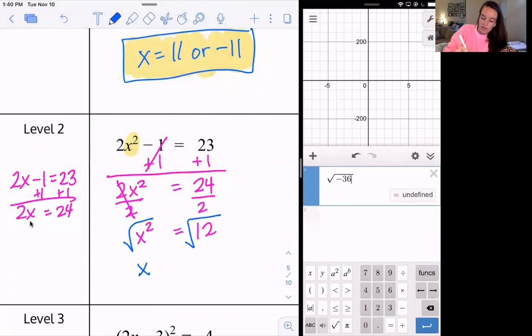So I get x, because square root and square will cancel, and leave me with plus or minus the square root of 12. Is there a whole number, an integer, like something times itself to give me 12? Can anyone think of anything?